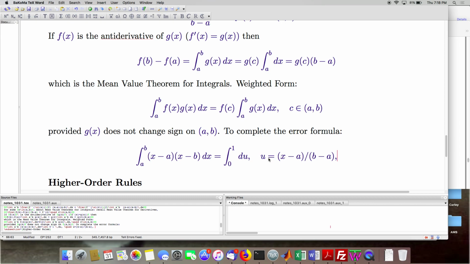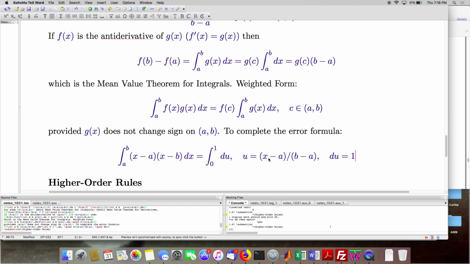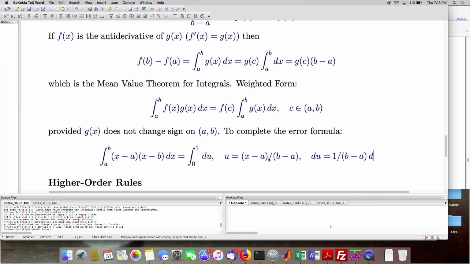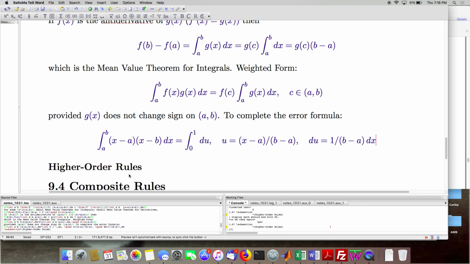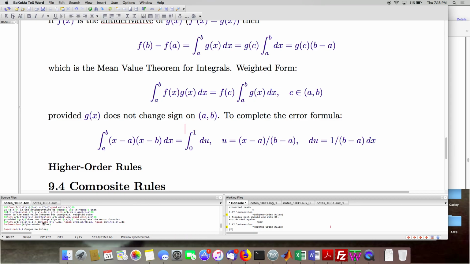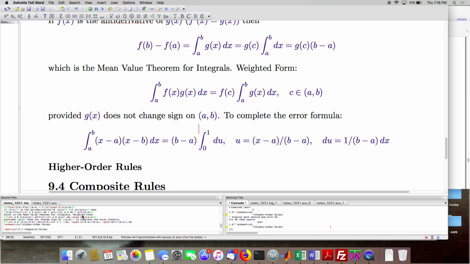So that means that du is equal to 1 over b minus a times dx. So dx is b minus a times du. So now in my integral I'm going to have b minus a, and then my integrand, x minus a times x minus b. So the way that would work is, okay.